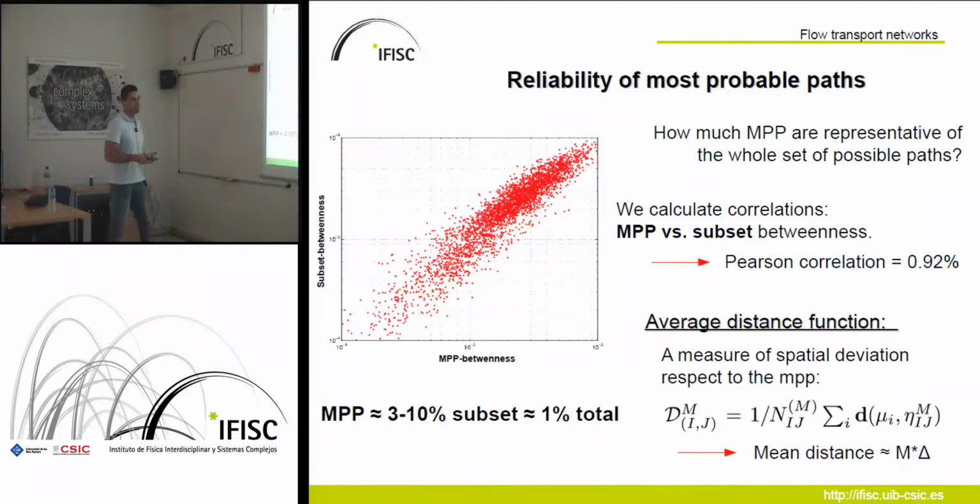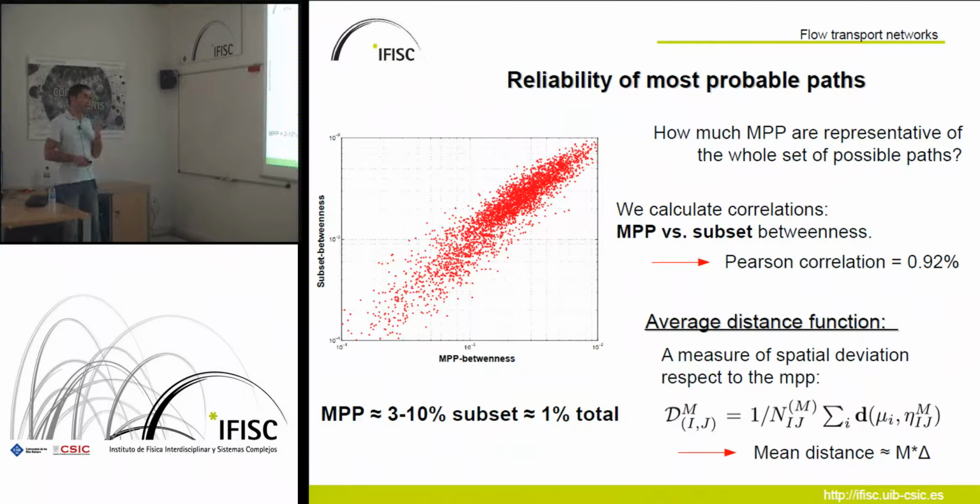Well, now the question is, we could try to compute the betweenness using also this subset of highly probable paths. And what we get is this. So the two measures result to be highly correlated. So basically, we are describing the same thing.